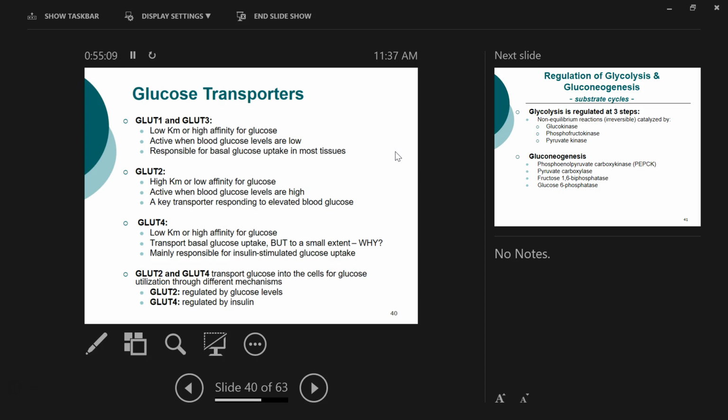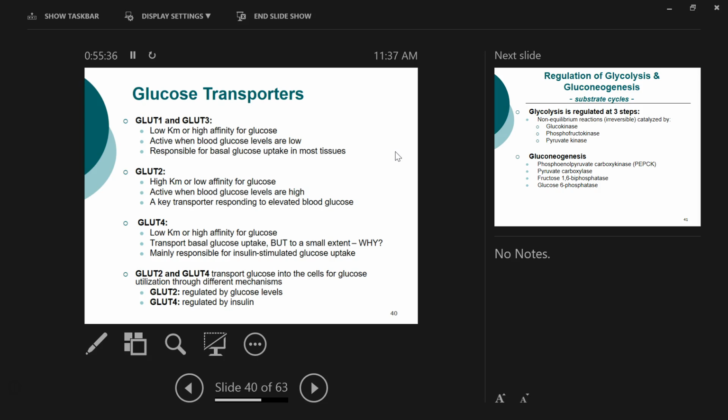So it means you need a very high blood glucose level before GLUT2 can be activated, right? That makes sense, right? GLUT2, particularly in the beta cell, only responds to the high blood glucose level after a meal, then activates and transports the glucose.